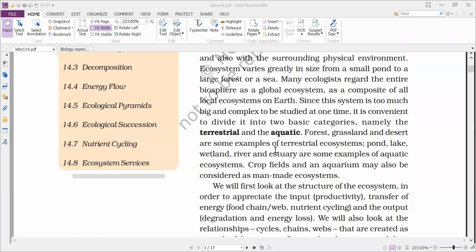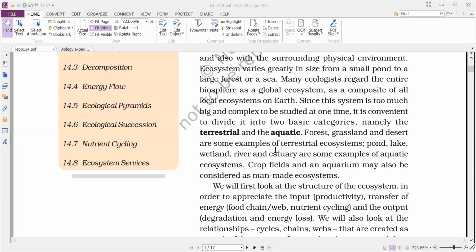And next, cropfields and an aquarium may also be considered as man-made ecosystems, or we can simply say artificial ecosystems. In a cropfield we find only one type of plant growing, which is made by humans.